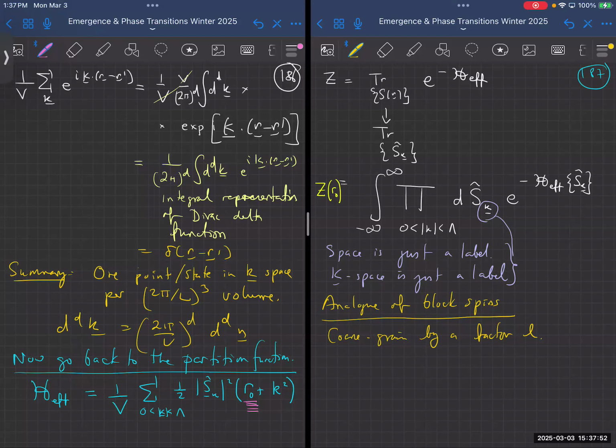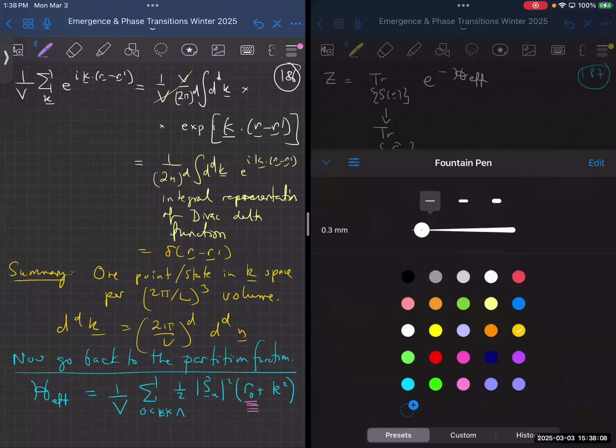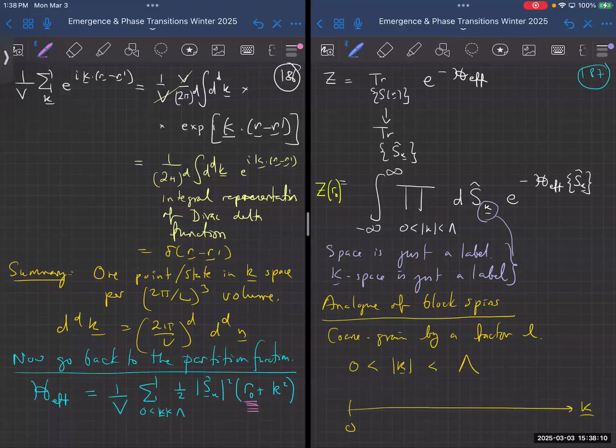So now I've got this whole band of wave vectors that go from here to here. So here is K, here is 0, here is let's say lambda. And what we want is we want to know what is the effective long wavelength degrees of freedom. We want to know what is the long wavelength effective theory.